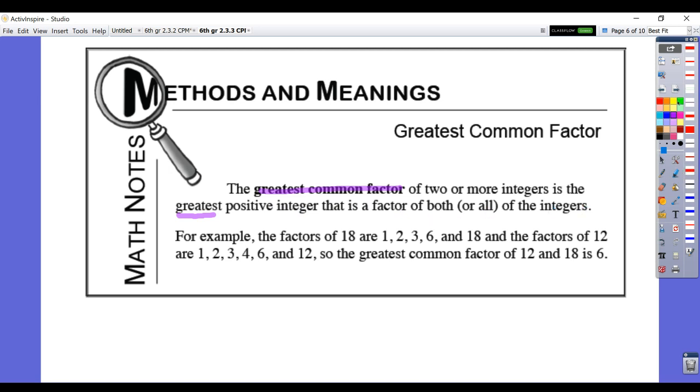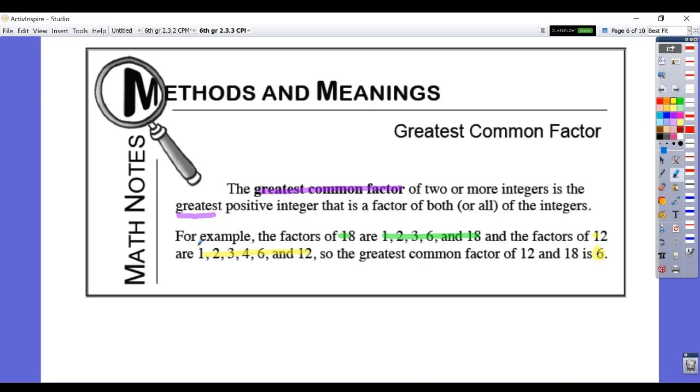For example, the factors of 18 are 1, 2, 3, 6, 9, and 18, and the factors of 12 are 1, 2, 3, 4, 6, and 12. We look at those two lists, and we see that the largest factor they have in common, we call it the greatest common factor, is 6.